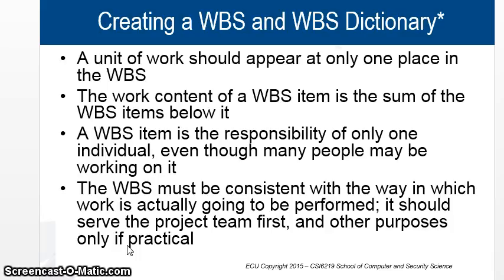A work breakdown structure item is the responsibility of only one individual, even though many people may be working on it. When we make an item, we have to give it to a single person. Later on, if somebody else decides to help him, that's a different thing, but each item should be done by one single person.